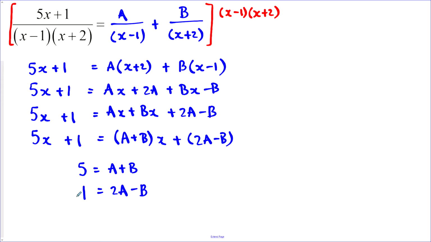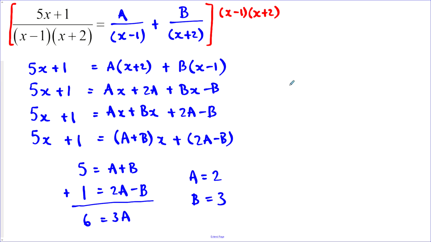Now you can see that we've ended up with just a linear system to solve, and it's set up nicely for elimination. So I'll add these two and get 6 on the left and 3a on the right. So we can see that a equals 2, and then using the first equation, b equals 3.